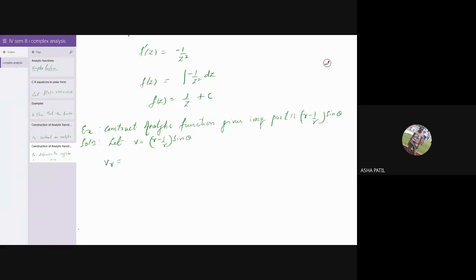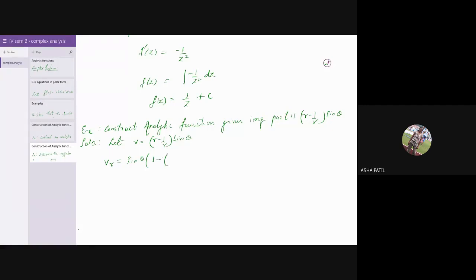Sin theta is held constant. What is the derivative of r with respect to r? We'll get 1.